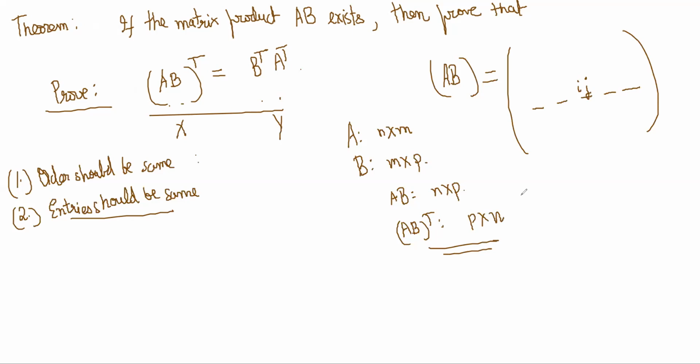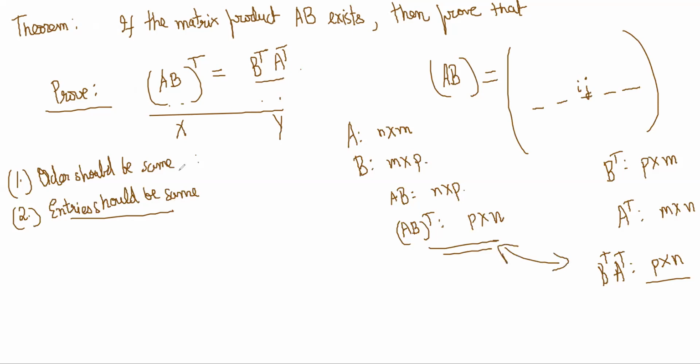B transpose will be p cross m, and A transpose will be m cross n. So B transpose into A transpose will be p cross n, so at least the orders are matching.